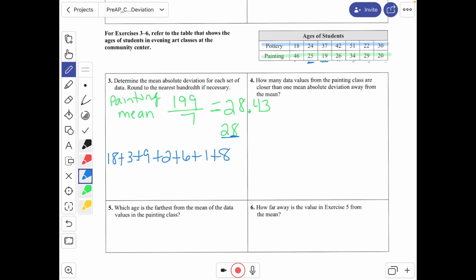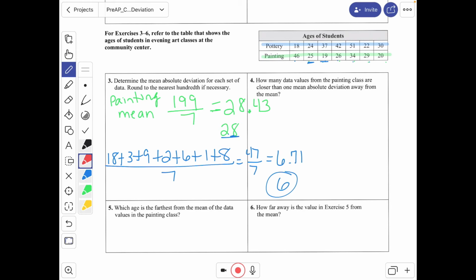Still 7 numbers. So then I need to add those together and divide by 7. If I add those together, I get 47 divided by 7 makes about 6.71, which I'm going to round to 6. So my mean absolute deviation is 6.